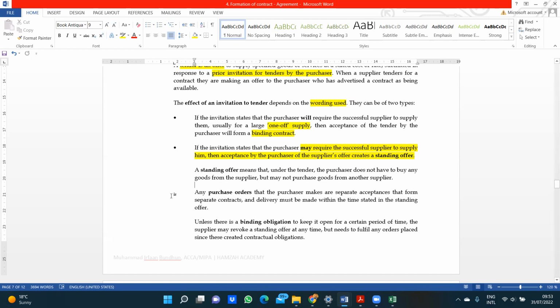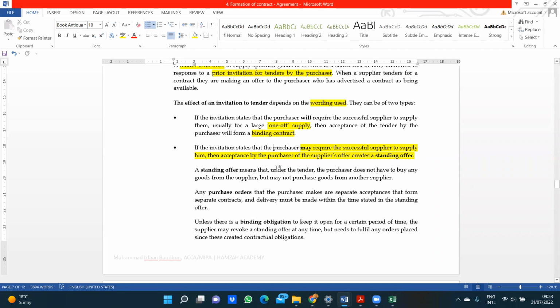However, any purchase orders that the purchaser makes are separate contracts, if of course there is acceptance from the other party. So this is a one-off supply here, and here there will be different supplies.